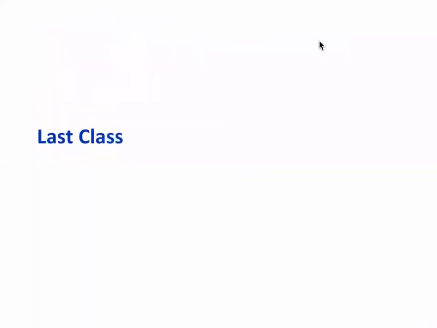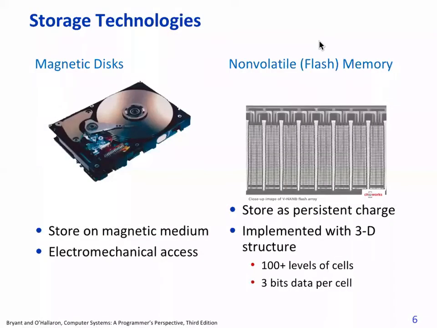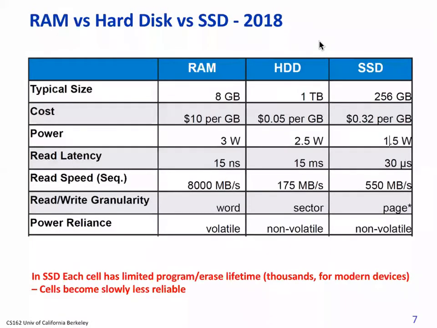All right, so let's look at what we studied in the last class. In detail, we studied about magnetic disk, and then we also looked at what flash memories are in principle. Then we looked at various characteristics, various ways we can compare RAM versus hard disk drive versus solid state drives. Note that word, solid state drive.